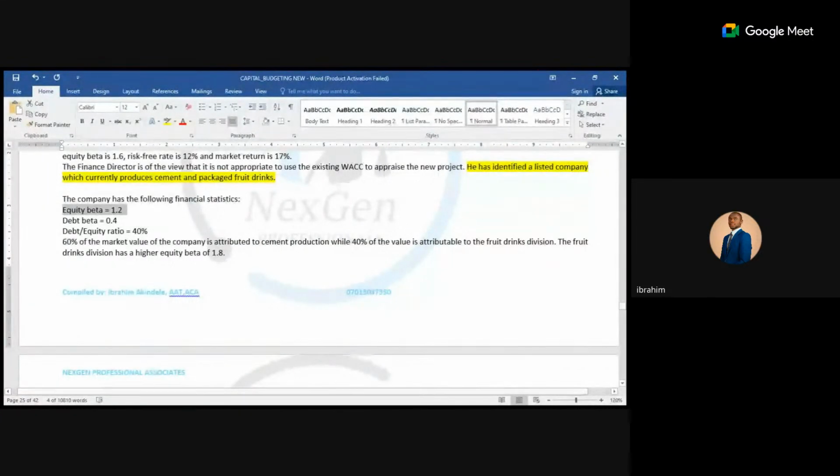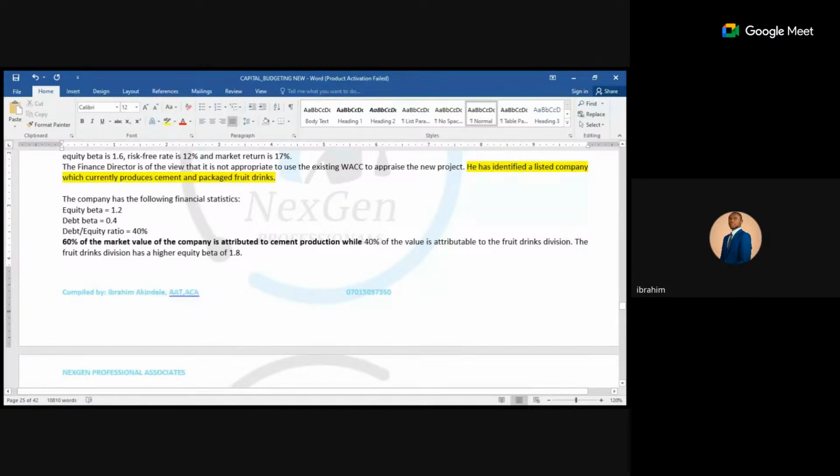What we need is the equity beta of the proxy company for just the cement, not for both cement and packaged fruits. That is the reason why you are given that 60% of the market value of the company is attributable to cement production, while 40% of the value is attributable to the food drink division.